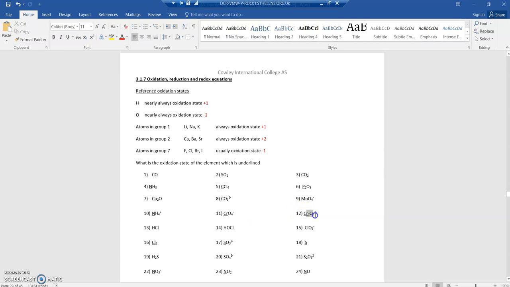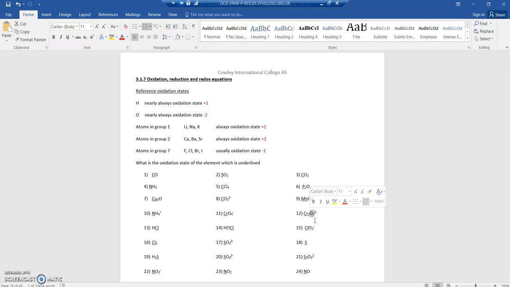Let's hop to number 12. That's a bit trickier. This is possibly one of the hardest ones. 7 O's. Oxygen is in minus 2 oxidation state. Those 7 O's, 7 times minus 2 is minus 14.